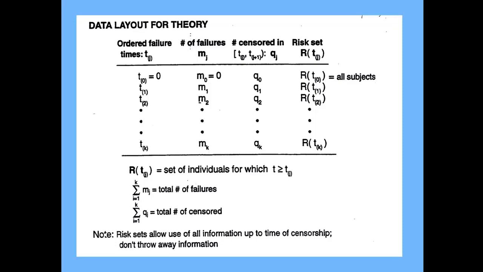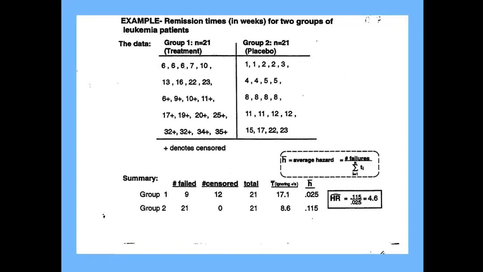Like in the remission time example, even though the first time that people failed in this group was time 6, there were 21 people in the risk set just prior to time 6. That's what we're saying. Okay, and then the next time which somebody failed in group 1 was time 7. So how many people are in the risk set at the second time somebody failed?